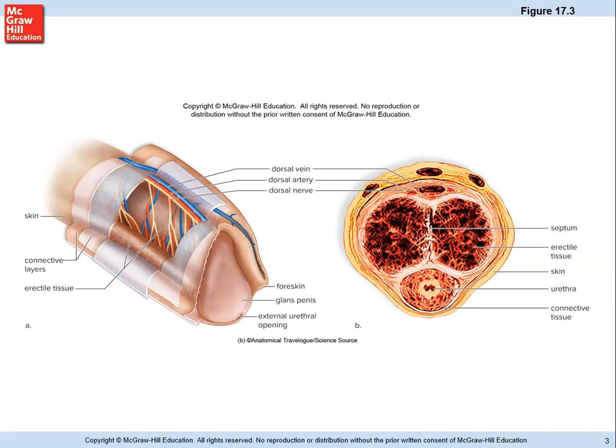The lower part of the penis here also has some erectile tissue around it, but running through the middle of it you find the urethra. So we already said the urethra was where the urine is going to pass through and where the semen is going to pass through. And the point of this erectile tissue in this section is not to achieve or maintain an erection, but rather to become somewhat engorged with blood, but not overly so, that it holds the urethra open.